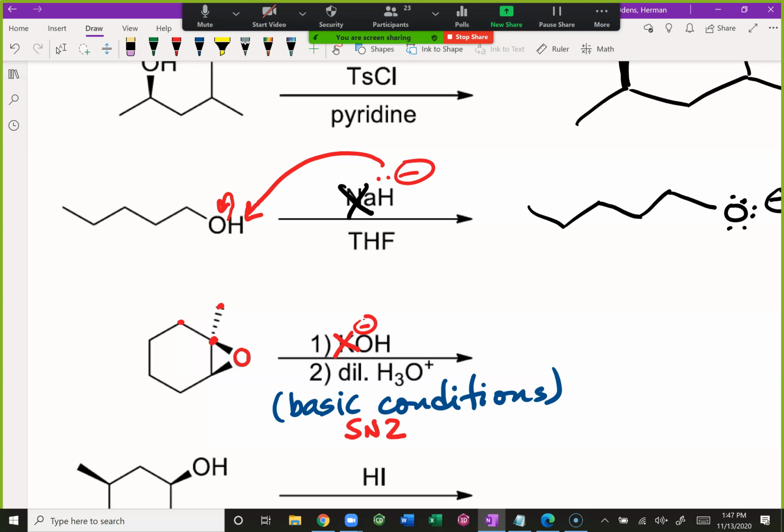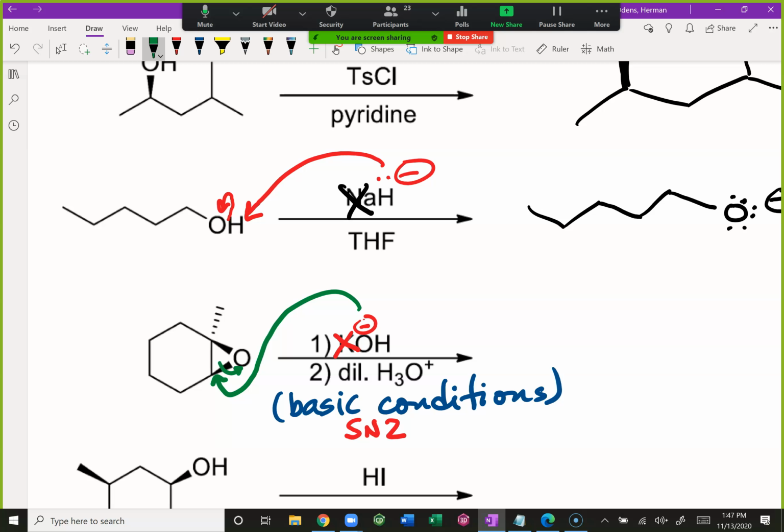Now, this carbon in green has 1, 2, 3 substitutions because you have a hydrogen that is down that doesn't count. So 4 versus 3, the one that has 3 is less. That's where the substitution will go. So I'm going to delete all that, and attack, and it's going to open up.